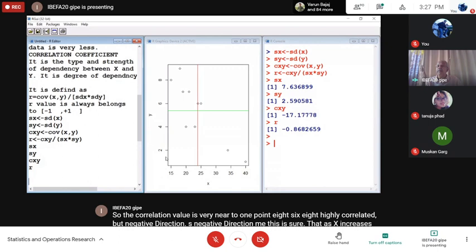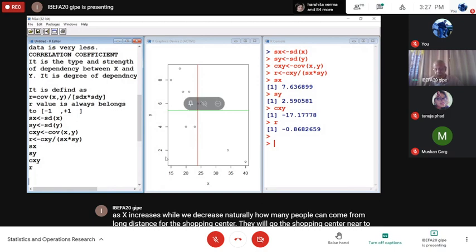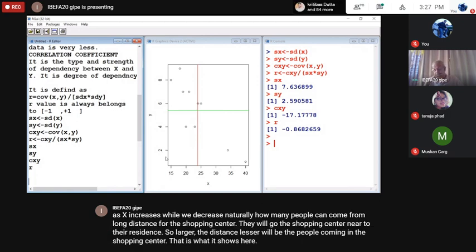They will go to the shopping center near their residence. So the larger the distance, the fewer people will come to the shopping center. That is what it indicates here.